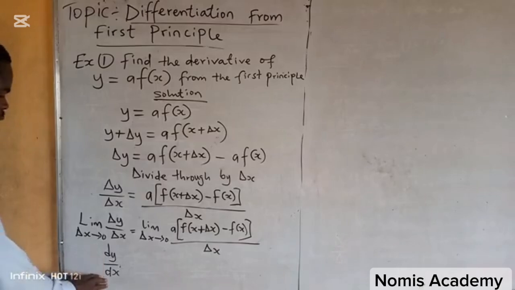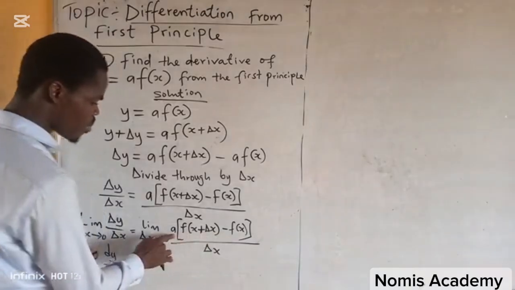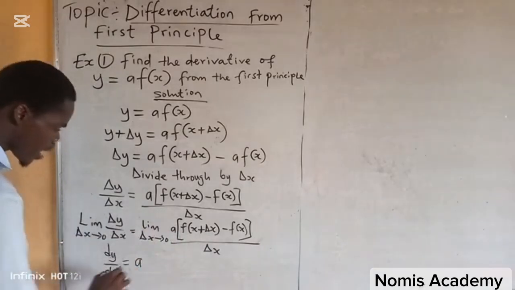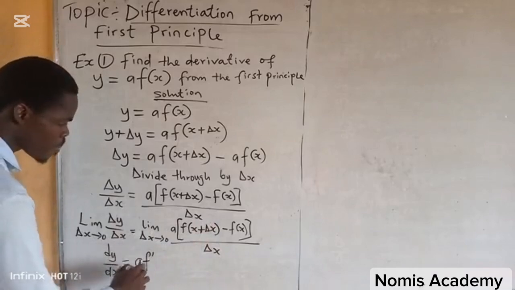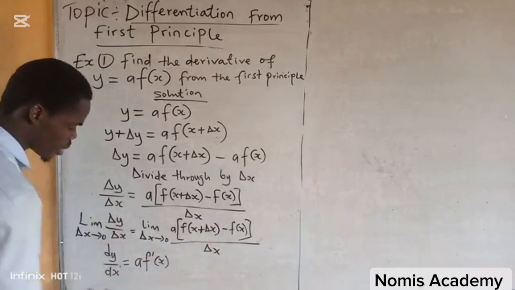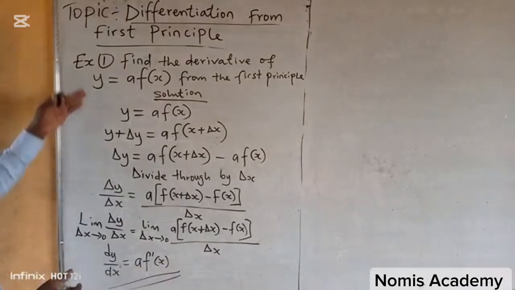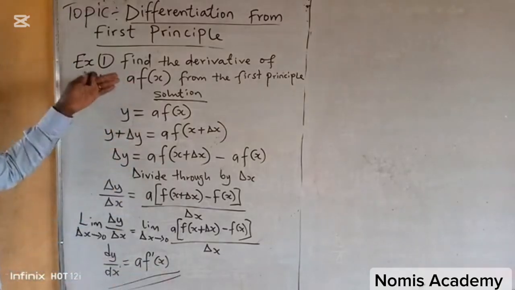Since we have a constant outside, a coefficient, we have a times f prime of x, which is the solution to the problem. So this is the derivative of the function given.